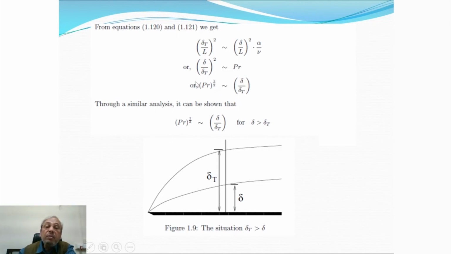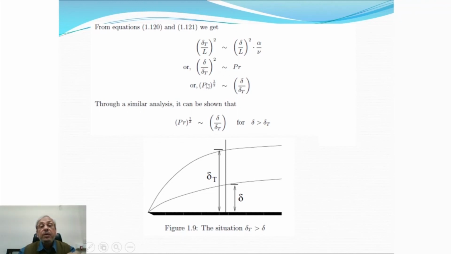So Prandtl number to the power half is proportional to delta by delta T. So when the thermal boundary layer thickness is greater than the velocity boundary layer thickness, the Prandtl number is related to delta by delta T in this way.